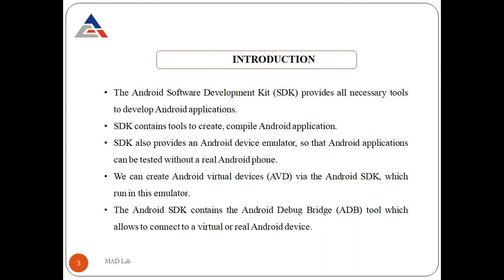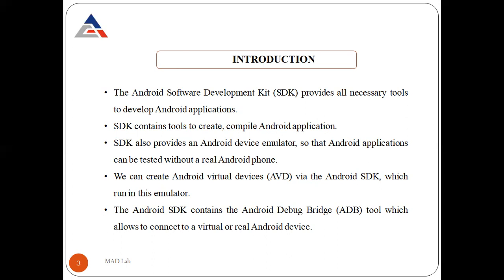We can create an Android virtual device via the Android software development kit, which runs in this emulator. So again, the emulator is an Android virtual device, or you can say virtual mobile. The Android software development kit contains the Android Debug Bridge tool, which allows us to connect to the virtual or real Android device.